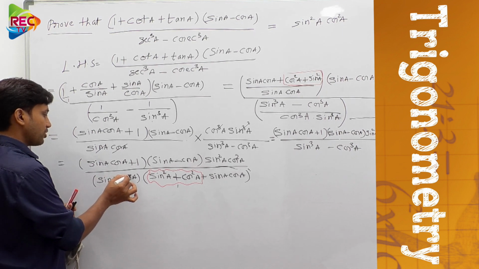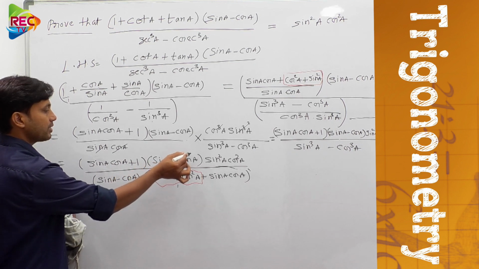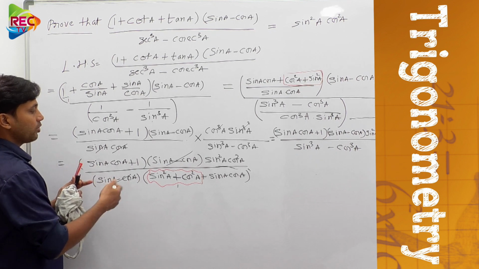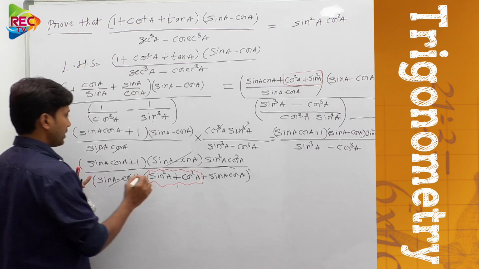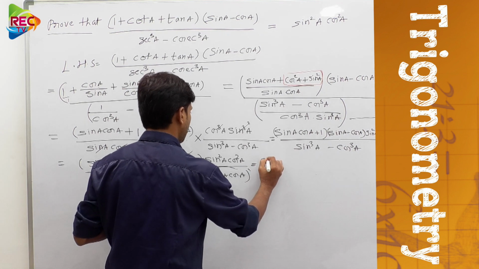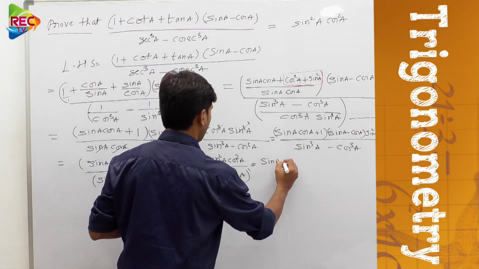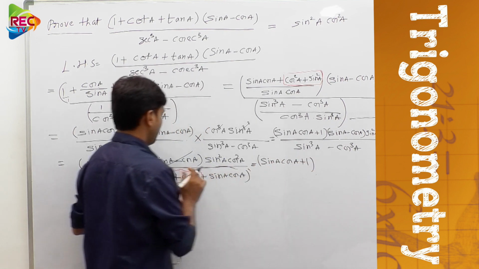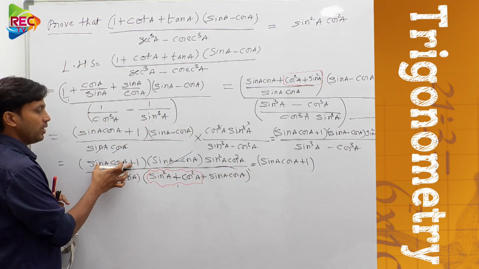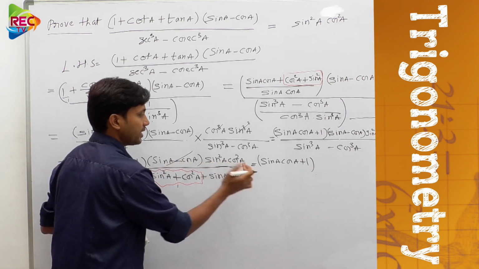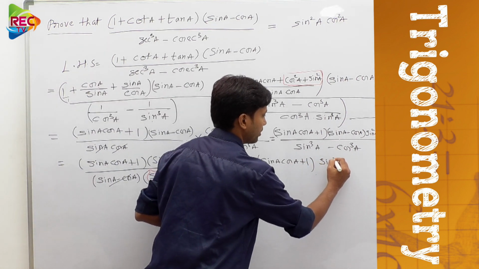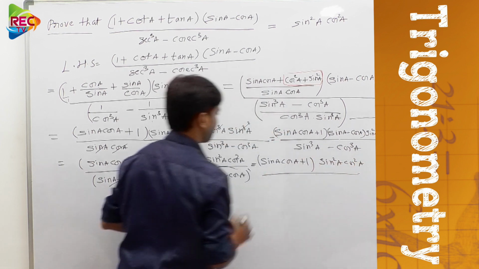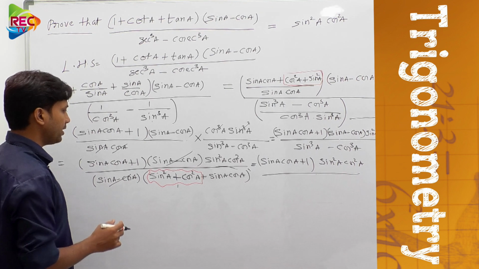And one more thing we have to identify here. This is sin a minus cos a, and this is also sin a minus cos a. We can cancel these two. This is simplified more than before. Now just see here, sin a cos a plus 1 into sin square a cos square a, divided by, now what is left over here?